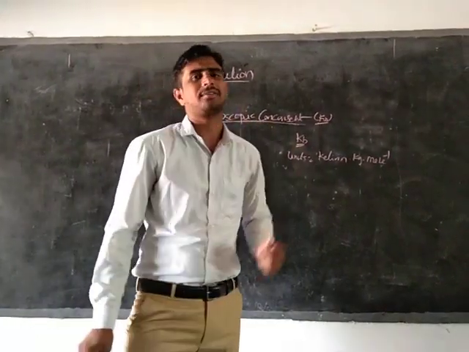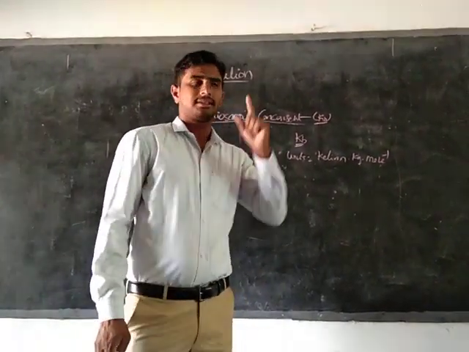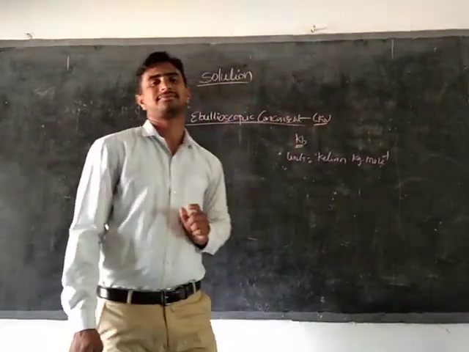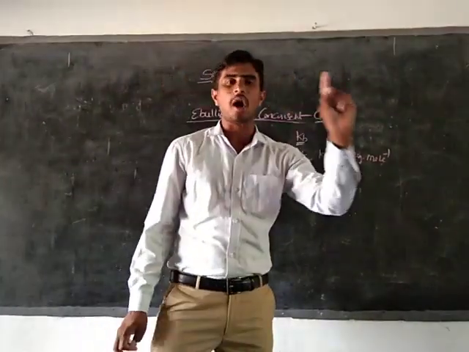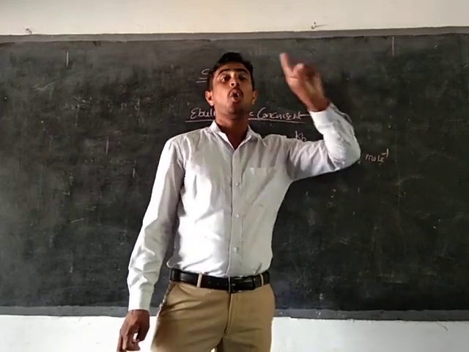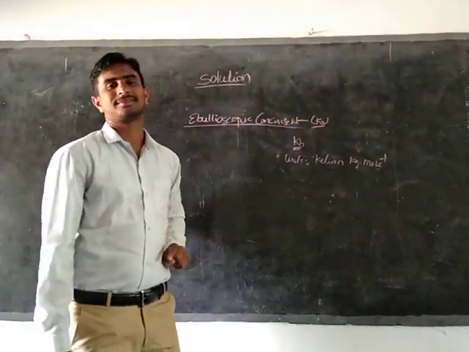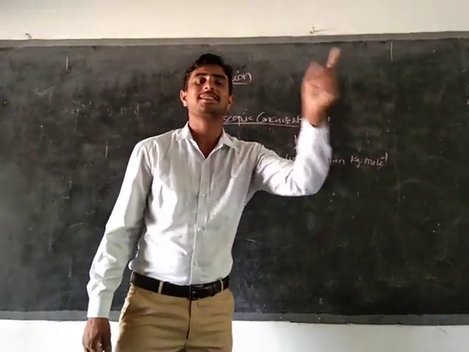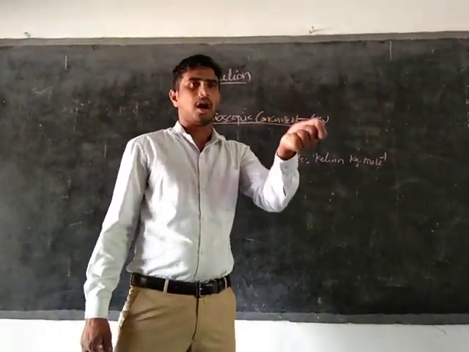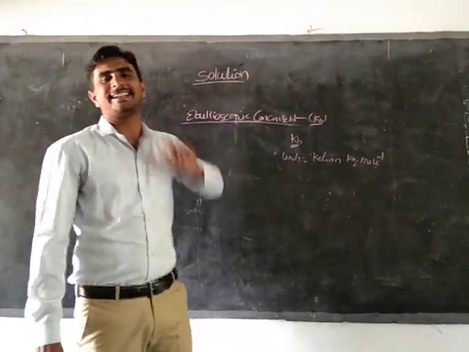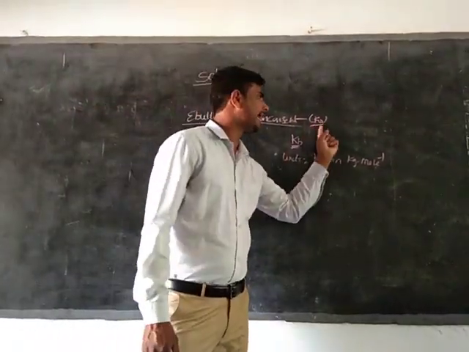What is the meaning of the ebullioscopic constant? The elevation of boiling point observed in a 1 molar solution containing a non-volatile solute is called the ebullioscopic constant. It is denoted by Kb.